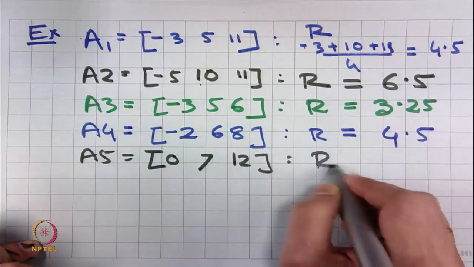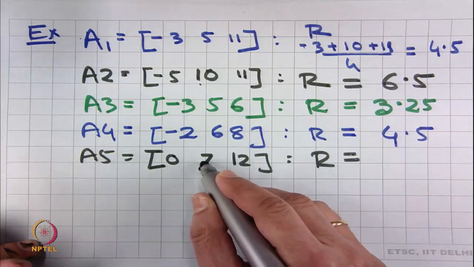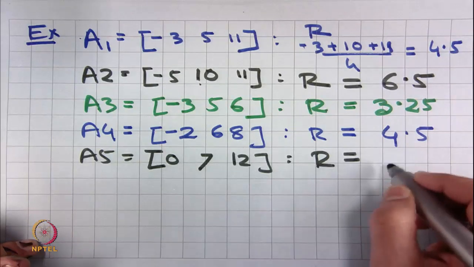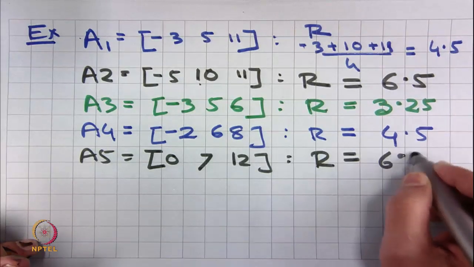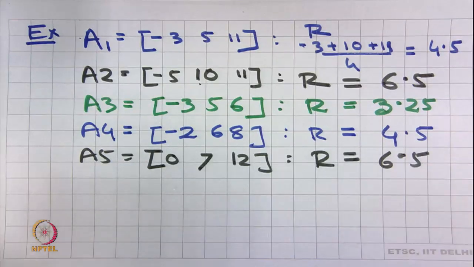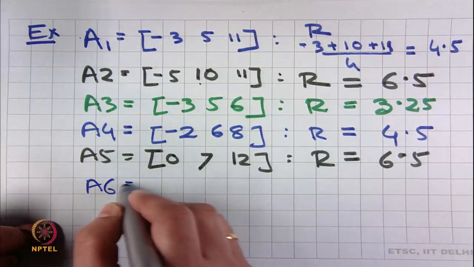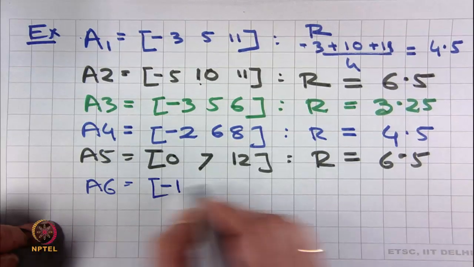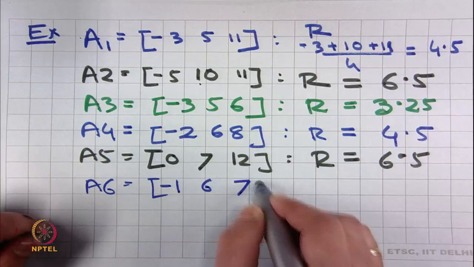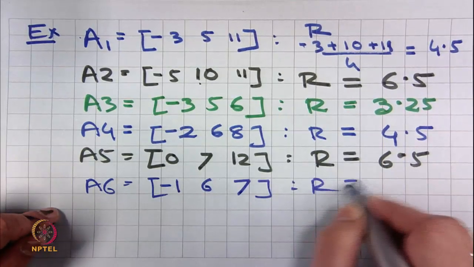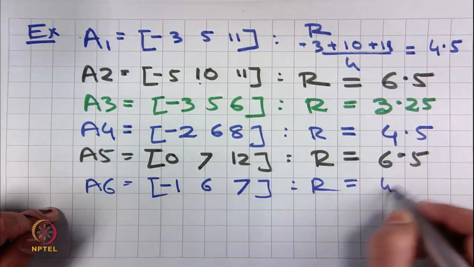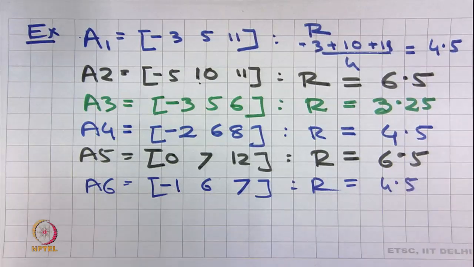Therefore, R is equal to 6.5, and A6 is equal to minus 1, 6, 7, and R is equal to 4.5.